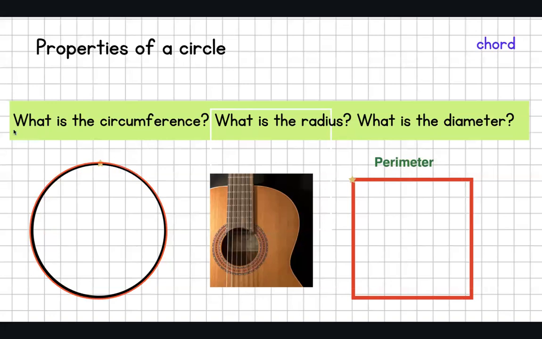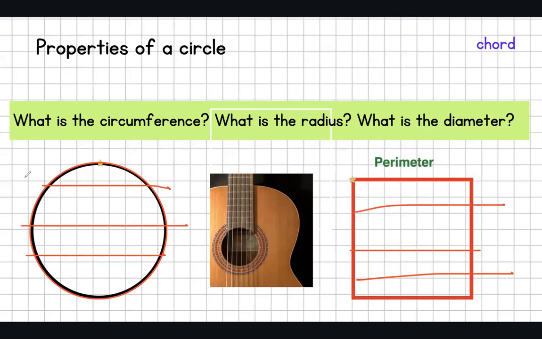Now the radius, let's skip the radius for a moment and look at the diameter. We looked at the width of this shape before, and the width is the same whether it's at the top of the shape or the bottom. Across here, same, excuse the wobbly lines. Not the case with the circle, different lengths.